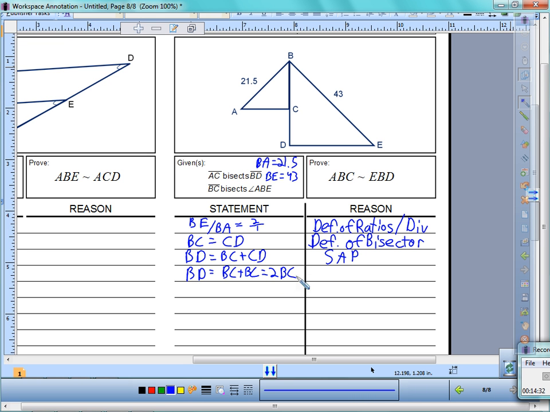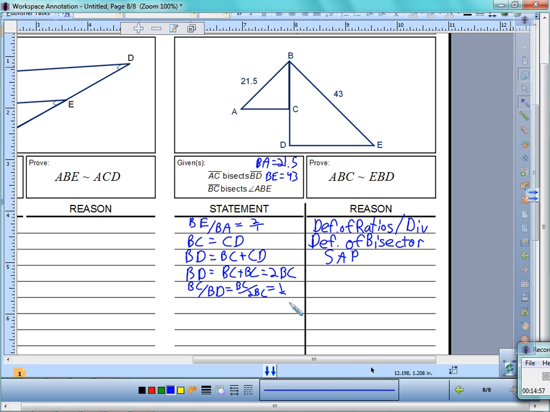So if I set up my ratio of BC to BD, I would notice that that is BC over 2BC. Oops, I think I did it upside down. That's all right. It is equal to 1/2. Right?